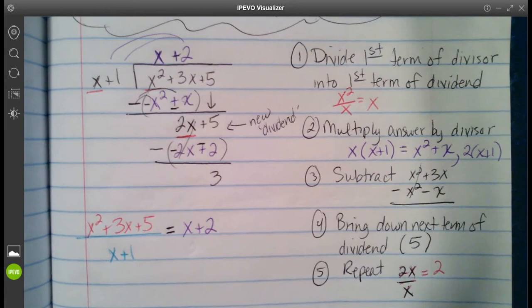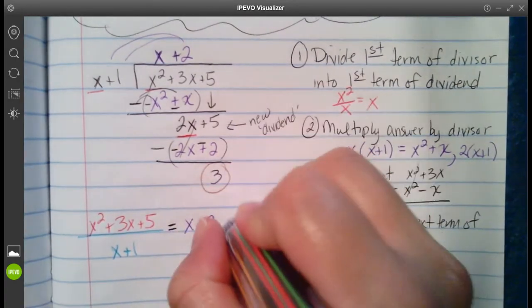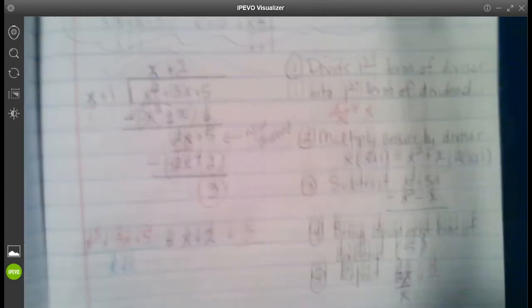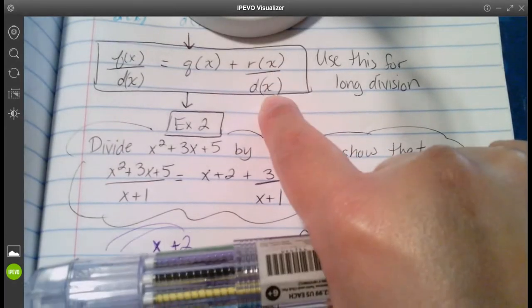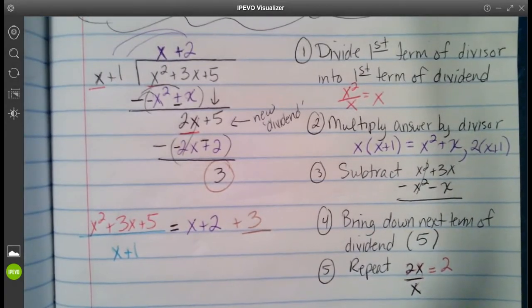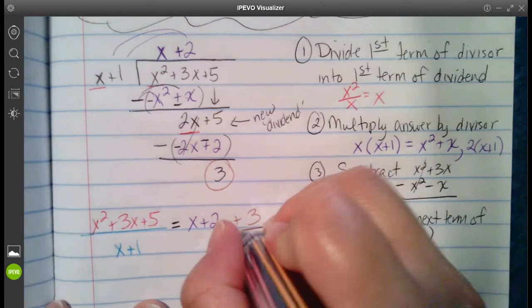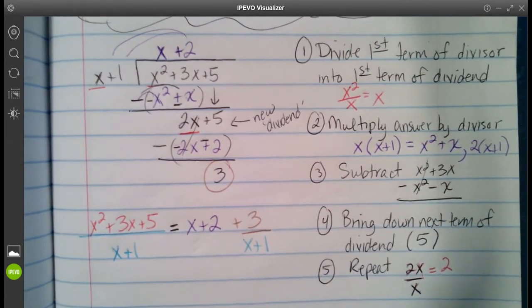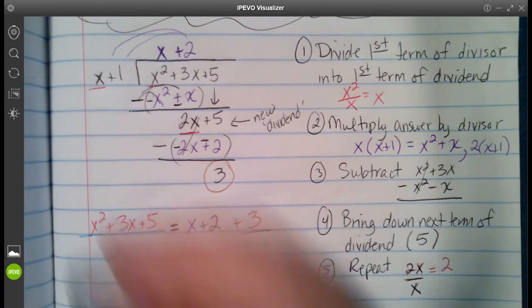In this case, my remainder was that 3. So plus 3 divided by, again, I'm just going off of this pattern here, r divided by the divisor, okay? So divided by my divisor of x plus 1. And that would be the answer for this one. And now we just proved it by using long division.